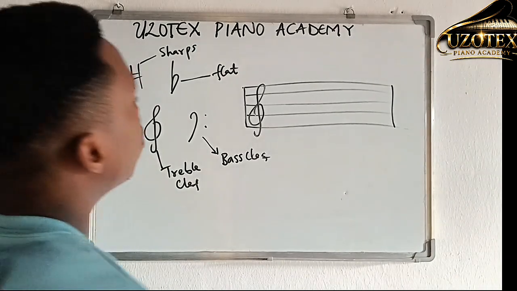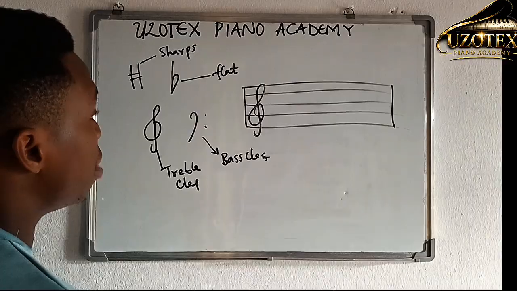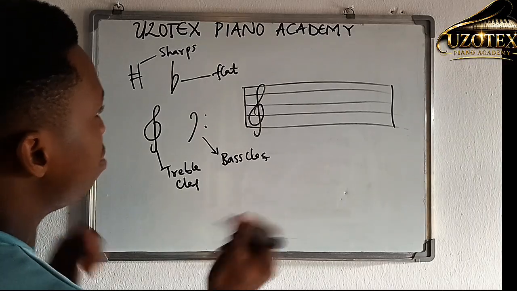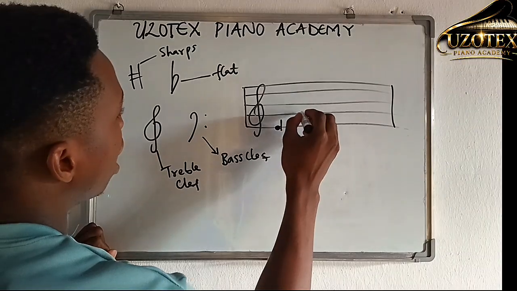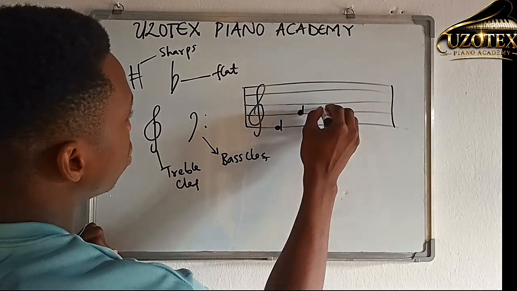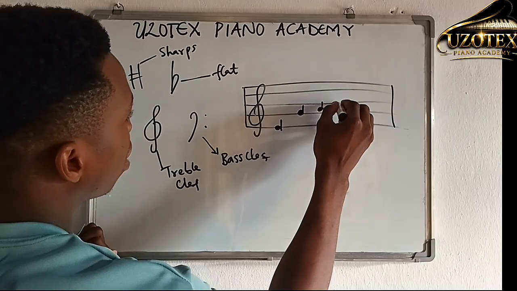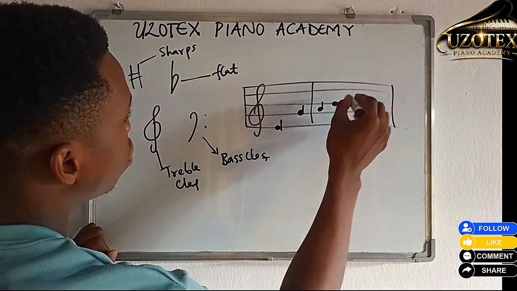Now, whenever a staff has many notes, it is giving us information. Maybe let me say we'll have a crotchet note here, a crotchet note here, a crotchet note here, and another crotchet note here, and let me say it is divided into two.